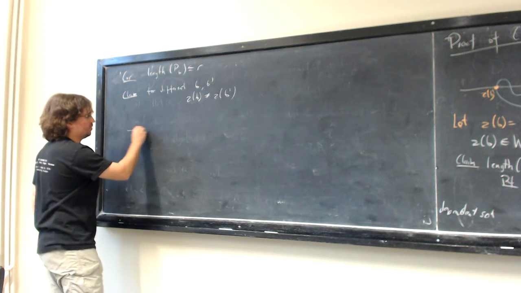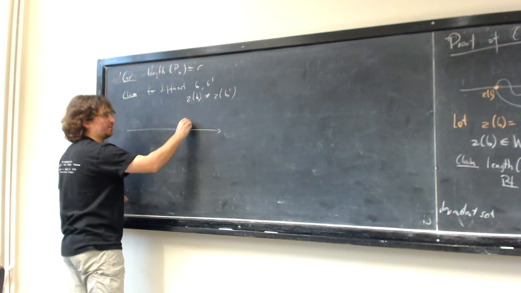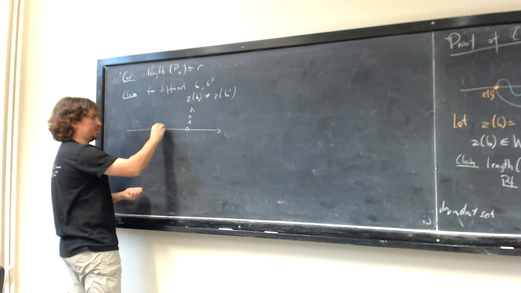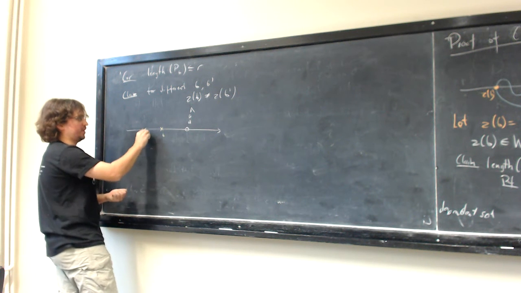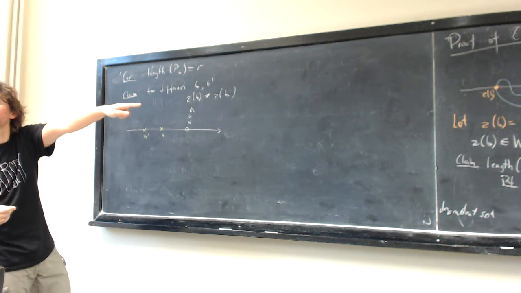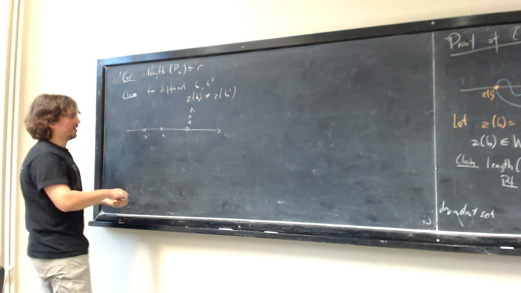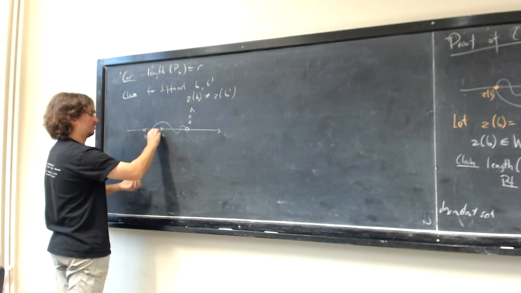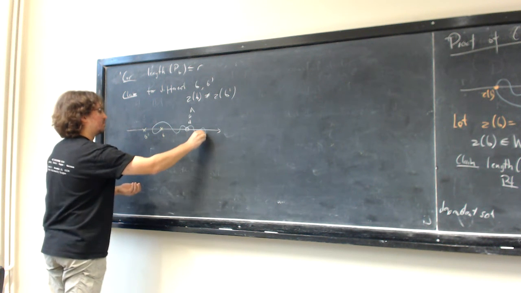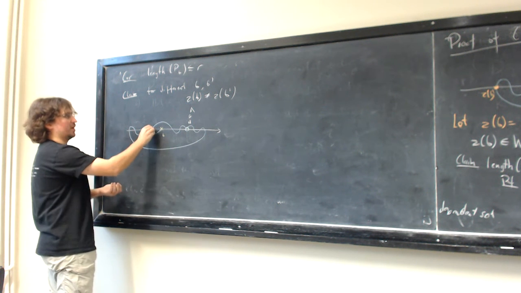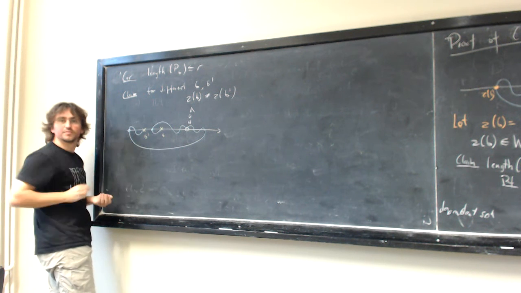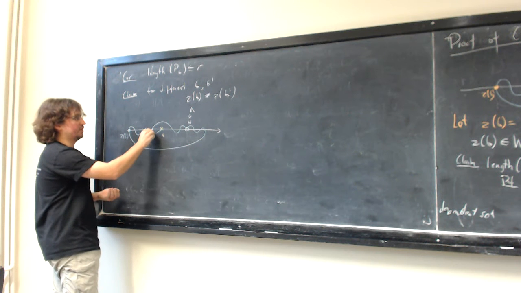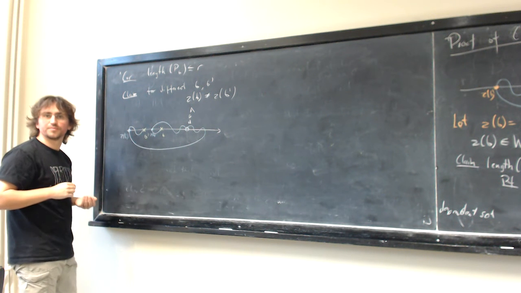So what I mean by this, if I have here my vertex A, and here I've got one vertex B and another vertex B prime satisfying those conditions, and I draw these paths for both of them, and I look at their Z of B, Z of B prime and Z of B, then they need to be different.